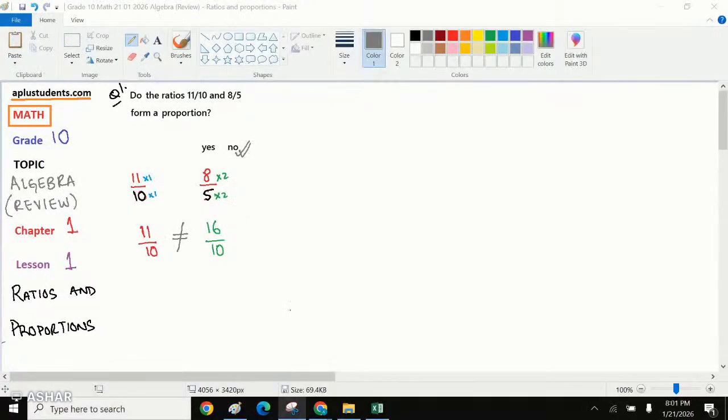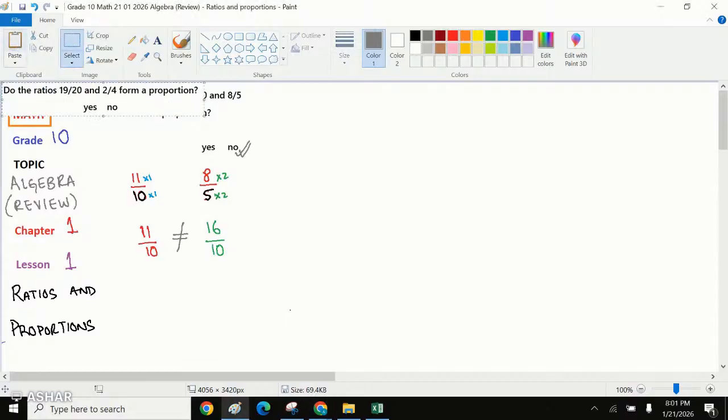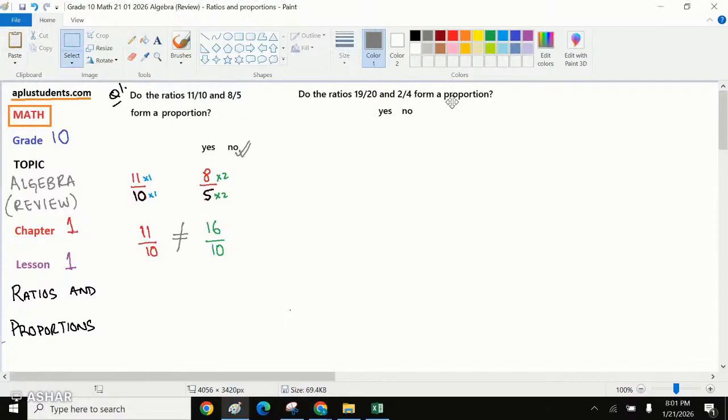For question number 2, the question says, do these two given ratios form a proportion? Yes or no? We'll keep both options over here and then try to find out.